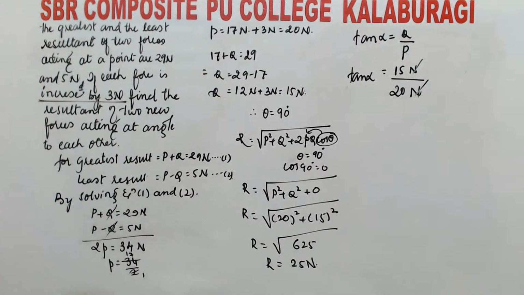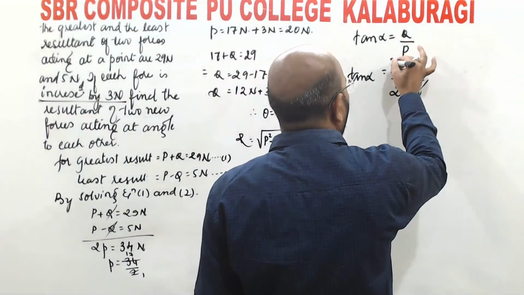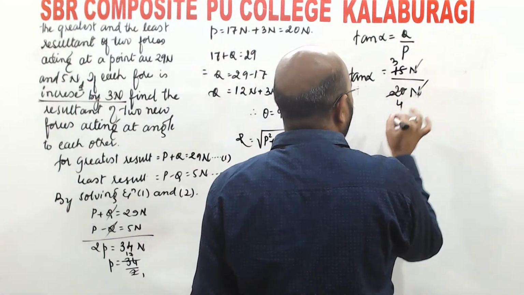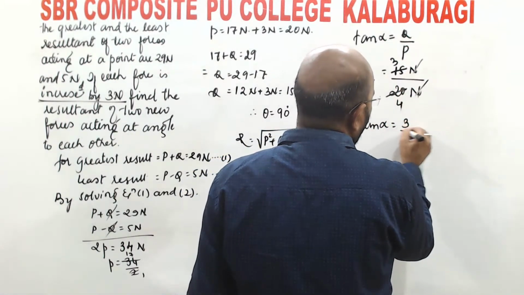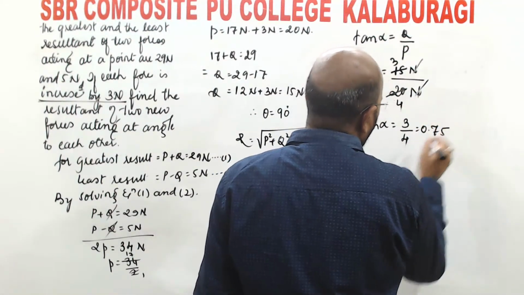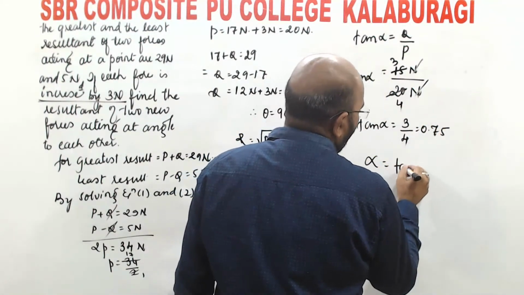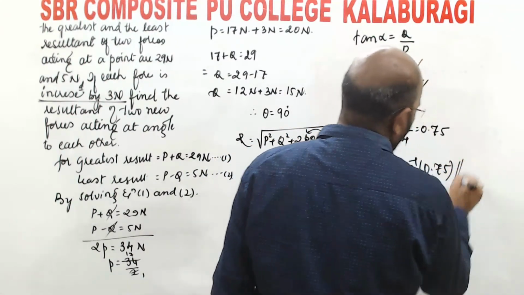Once you solve 15 by 20, you'll get 0.75. How? 5 threes are 15, 5 fours are 20. So tan alpha is equal to 3 divided by 4, and this will be equal to 0.75. Alpha is equal to tan inverse of 0.75 is the corresponding angle.